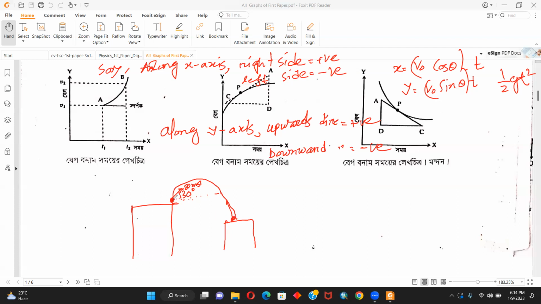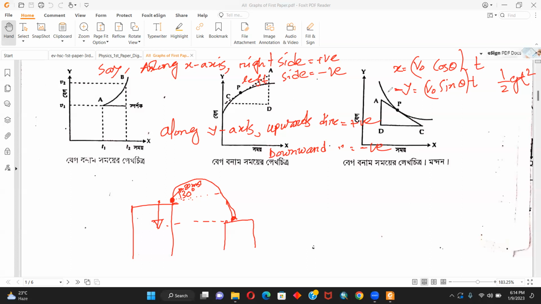From the first point to the last point, what is the direction of its position? It is going downwards, right? This was the first point of this ball, and this is the ending point, and it is going in the downwards direction. We have said that downwards equals negative. That's why we will put a minus in front of y.